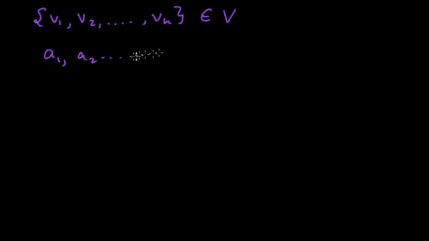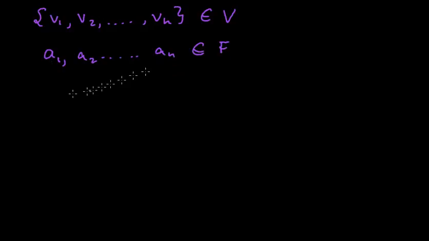Let's look at the linear combination of a few vectors. Say you have a few elements v1, v2, all the way up to vn, and they belong to the vector space V. Then any linear combination of these, it might be quite confusing to you, I will tell you. Say a1, a2, up to an are scalars, part of the field.